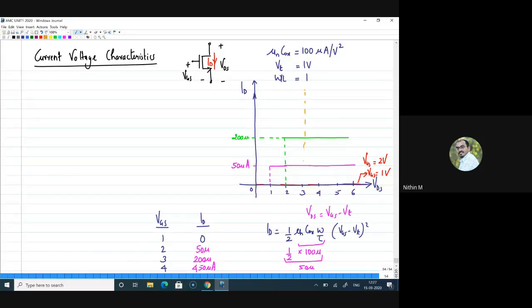This is 3 volt, and from here on you will get a current. What is that current? That current is actually 450 microamps, and that is for a voltage VGS equal to 3. Are you guys getting what I have done here?